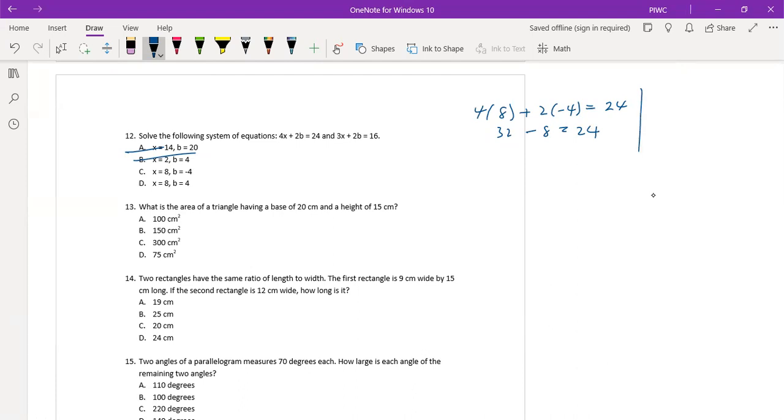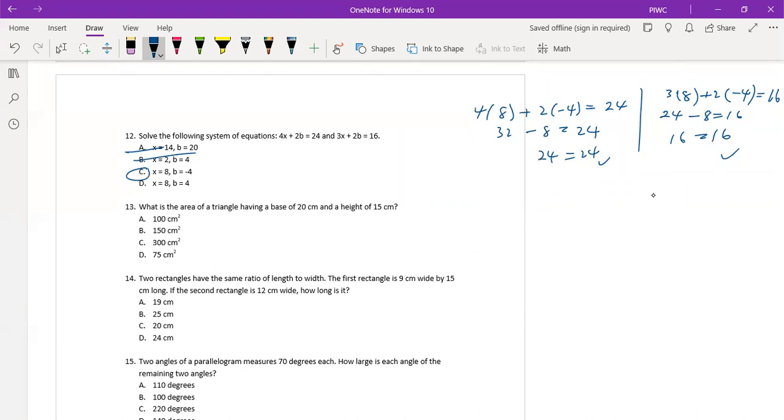So it checks out here because 24 equals 24. That's correct. Now it should satisfy the second equation too. 3 times 8 plus 2 times -4 should be 16. 24 minus 8 is equal to 16. So you have 16 equal to 16. So it's also correct. So it means that C is your answer here.